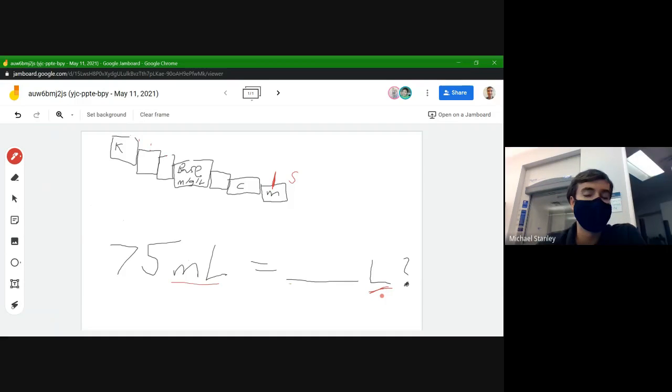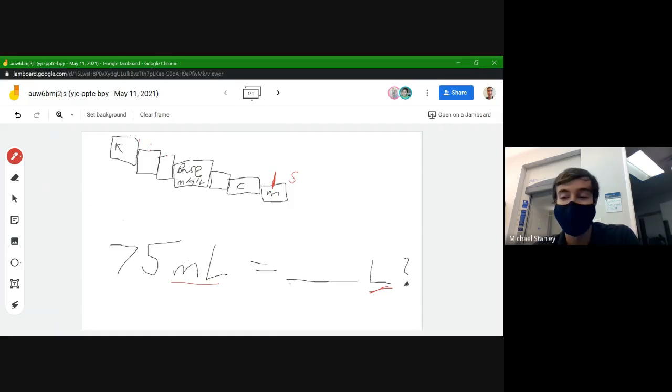If liters is what we are going to, then which one of these boxes, K, base, C, or M is going to be our ending point? Would it be K? It would not be K. Remember, K would mean we were dealing with kiloliters.